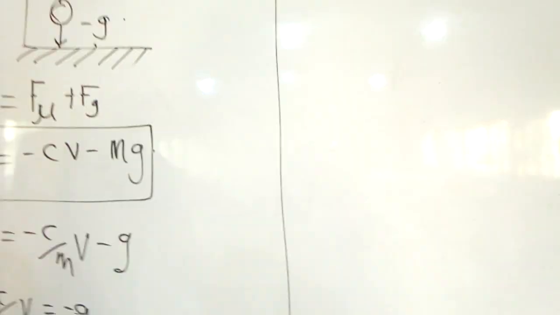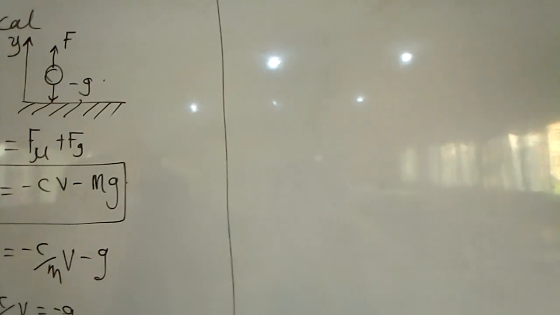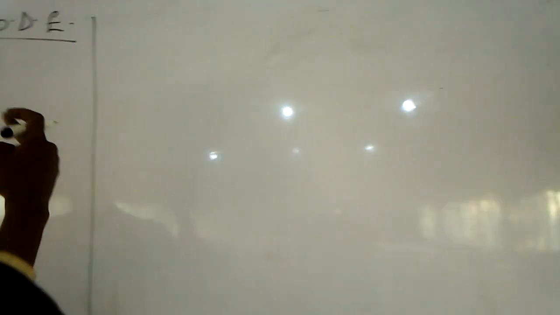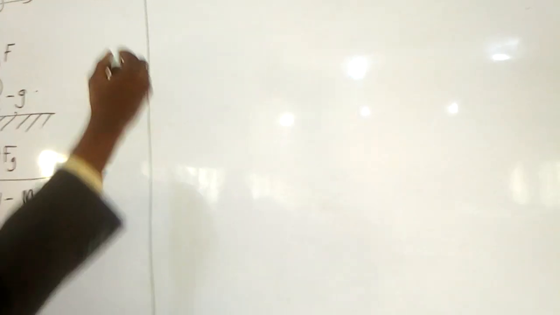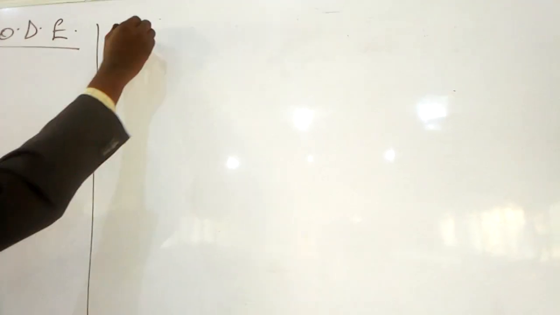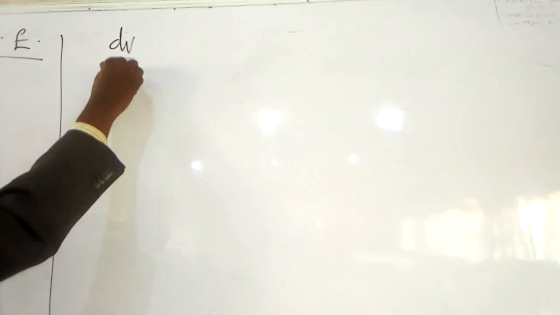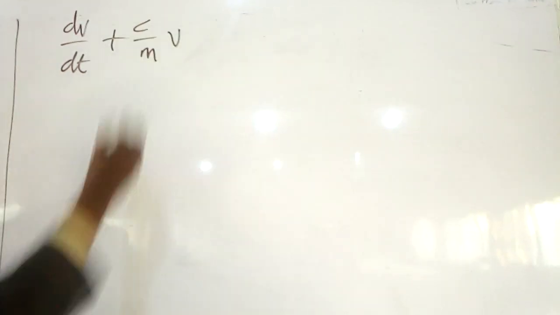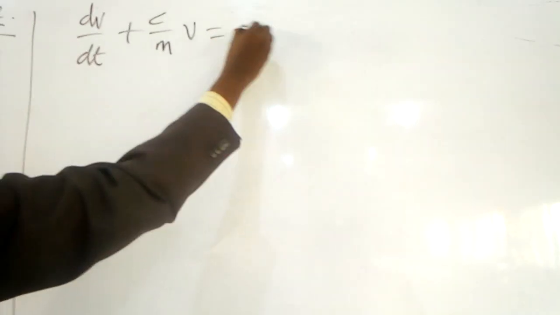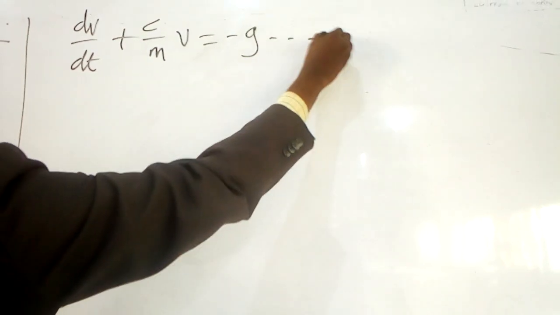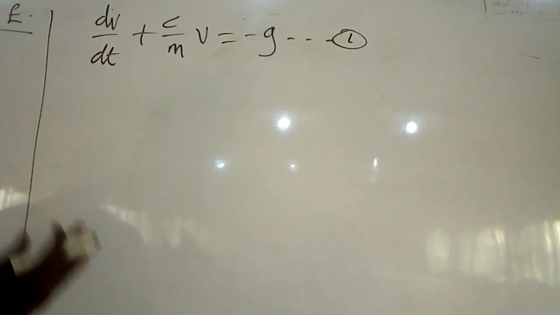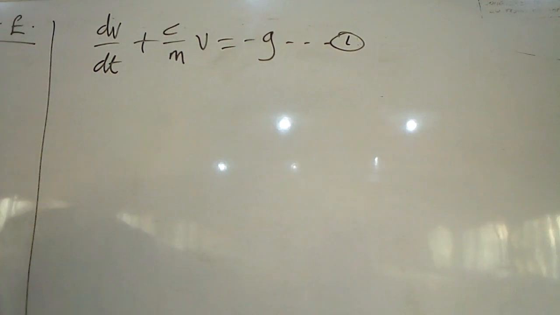Now we can further this operation to relate it. From that relationship, the equation ab initio is dV/dt plus c over m v is equal to minus g. Let's call this equation 1. This equation 1 can be likened to the first order differential equation just reflected.